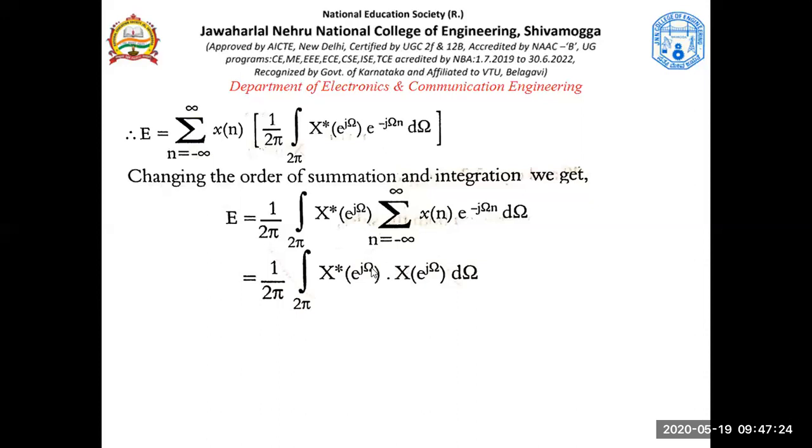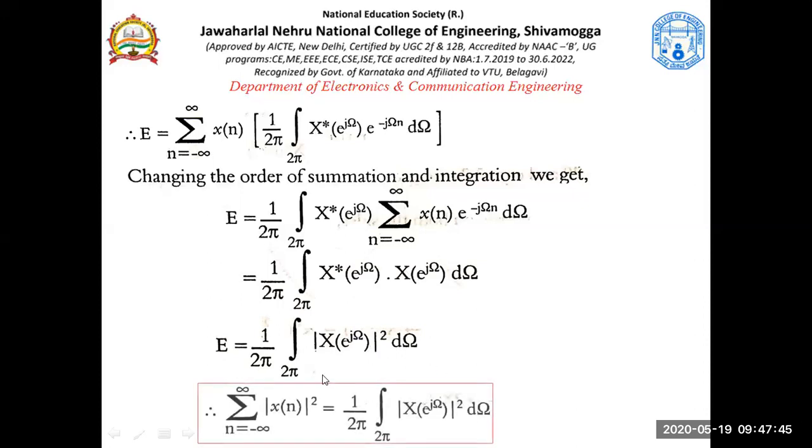So the magnitudes of these two are going to be the same. That's why the magnitude of this multiplied by the magnitude of this gives us magnitude square. Get this point? So energy happens to be this, where this is the energy density function of x of n. This is Parseval's theorem, and it should be applicable for any signal x of n.